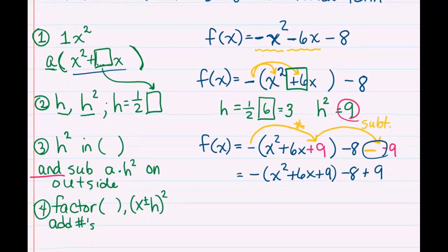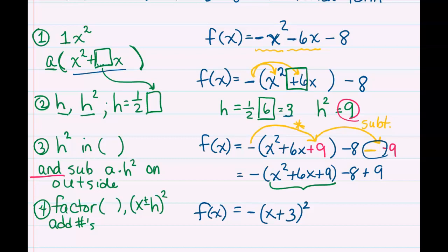We're almost done. We need to do step number 4 that says what we need to do now is to get our f of x. We're going to have our negative on the outside. We're going to factor this perfect square trinomial into x and 3, because that's what our h was, and square it. Now notice we can see that this is a perfect square trinomial, that this also has to be a plus.